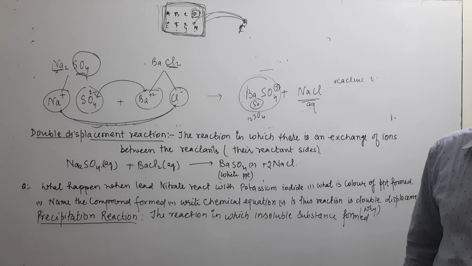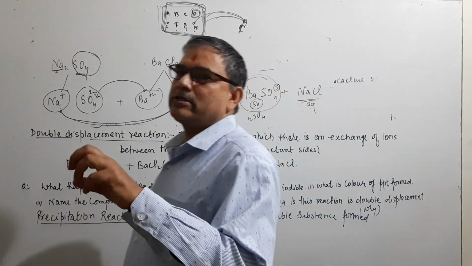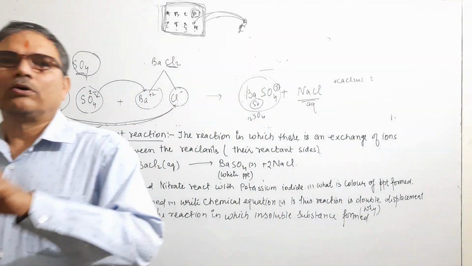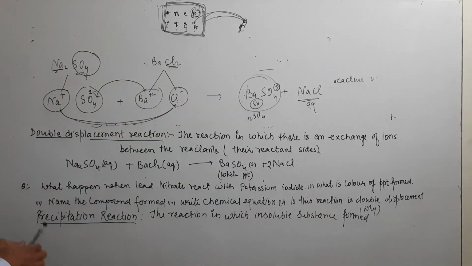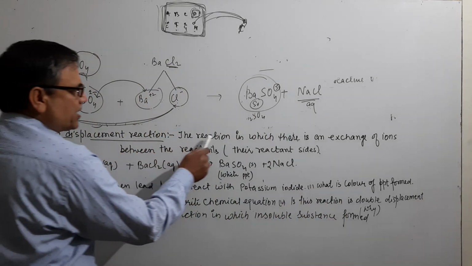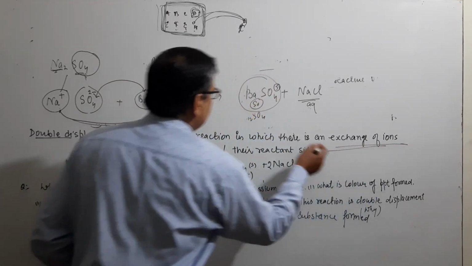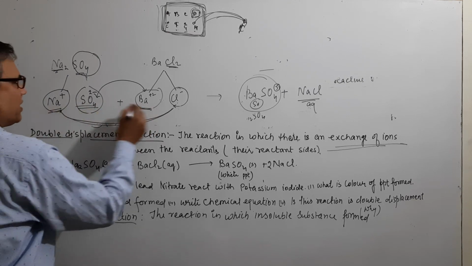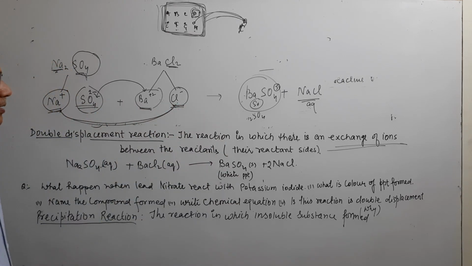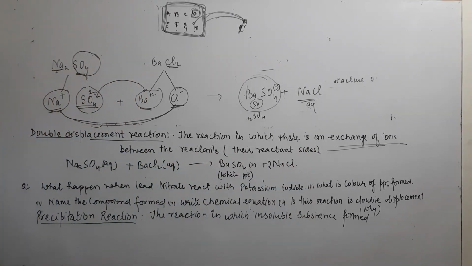Because during the precipitation reaction some insoluble substance is formed, therefore a precipitation reaction also occurs in the double displacement reaction. In a double displacement reaction, there is exchange of ion, like this sulfate exchanges with barium and this sodium exchanges with chlorine between the reactants, and this is known as double displacement.